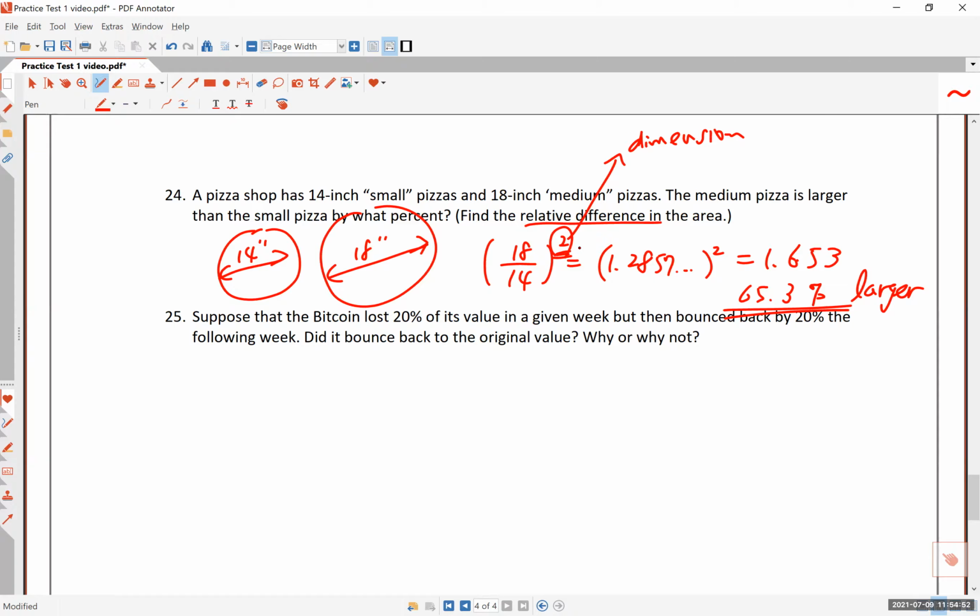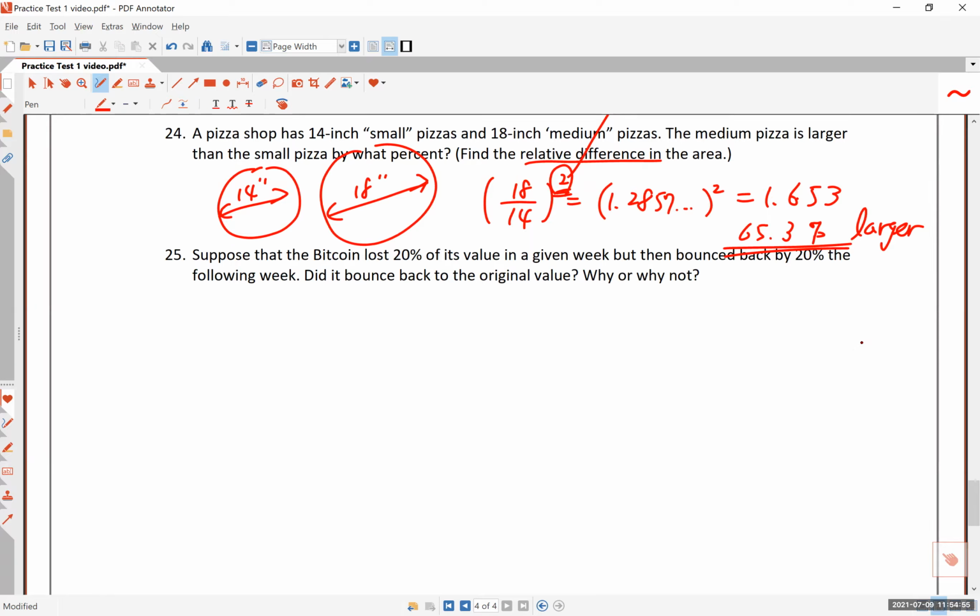Number 25, suppose that Bitcoin lost 20% of its value in a given week. That could easily happen, but bounced back by 20% the following week. Did it bounce back to the original value? And the answer is no. Let's start with $100. Bitcoin's actually worth tens of thousands of dollars, okay?